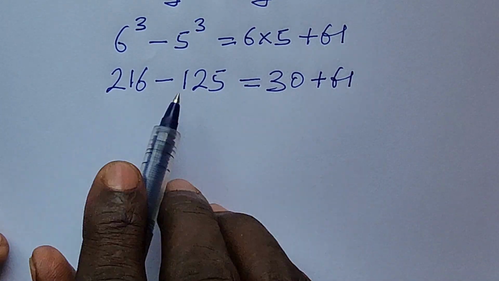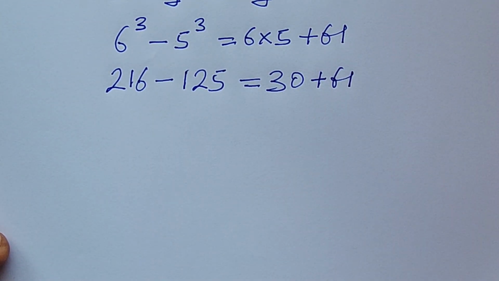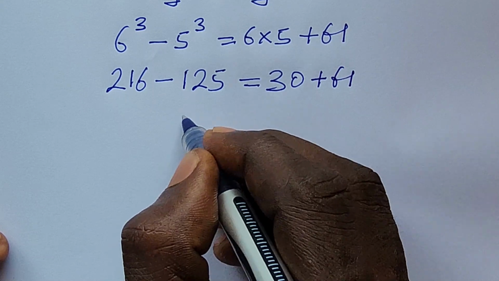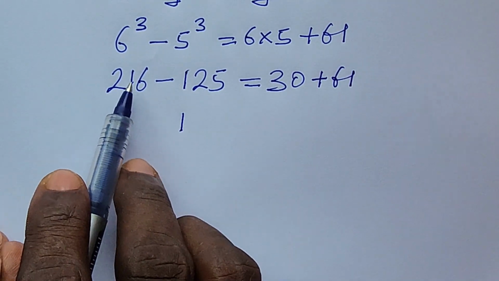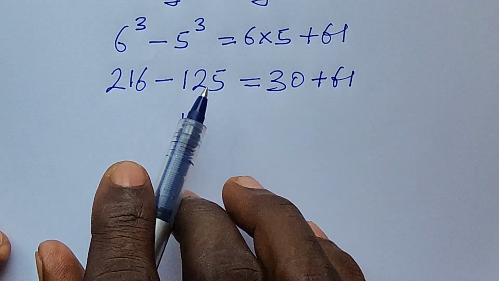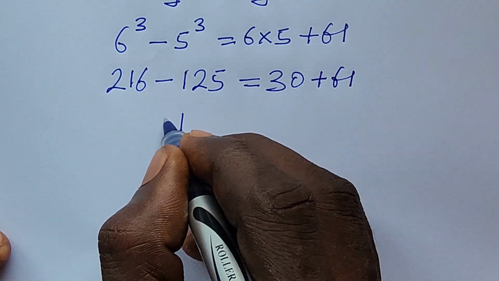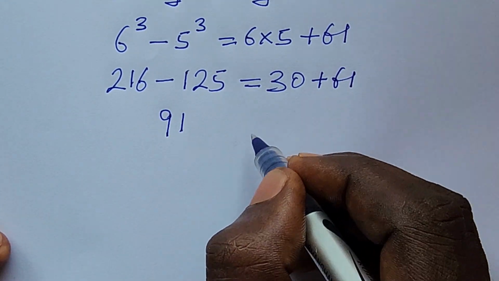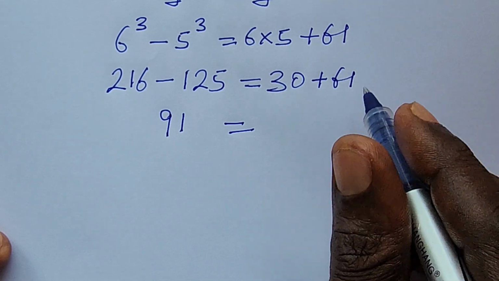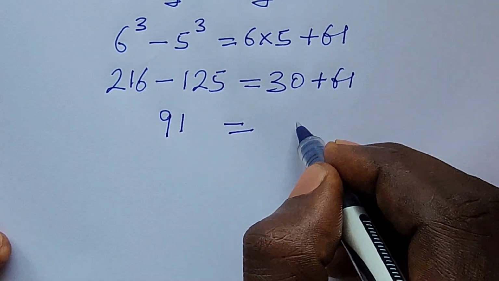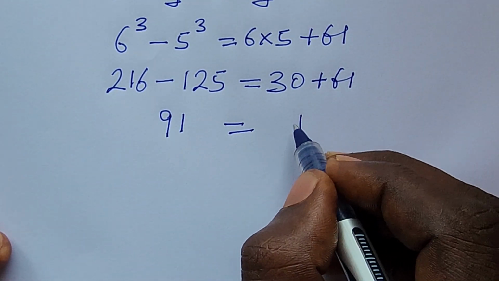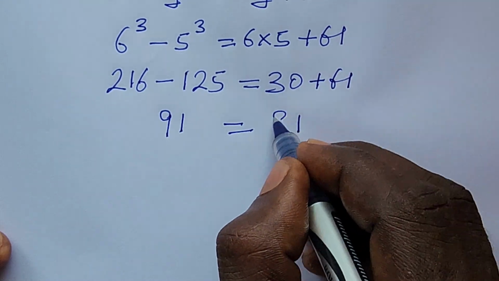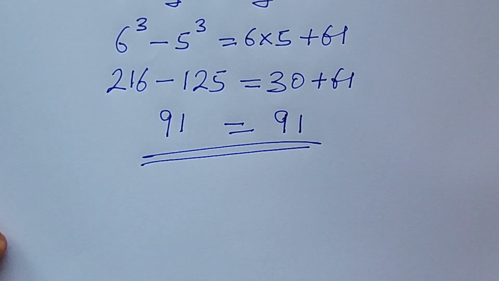So we can now subtract this from this. 5 from 6 will give us 1. 2 from 1 cannot, so borrow 1 from here. That gives us 11. Then 2 from 11 will give us 9. Then 1 from 1 will give us 0. So this is equal to, if we add 30 to 61, this will give us 1. Then 3 plus 6 will give us 9. So we have 91 equal to 91.